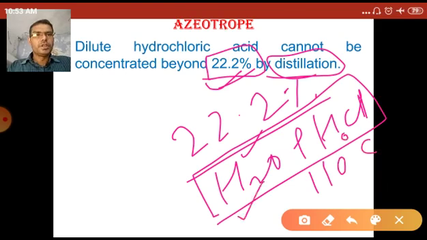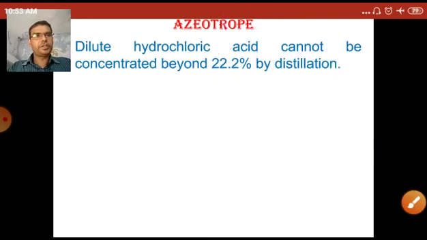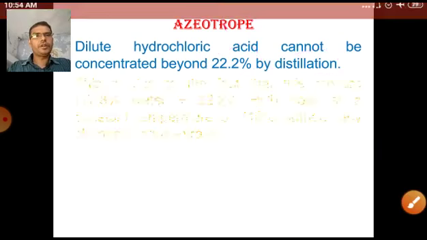Both, water and HCl, boil at 110 degrees Celsius when HCl is present in the water at 22.2%. And this mixture is called the azeotrope mixture, which has a constant boiling temperature at a particular concentration in the water.